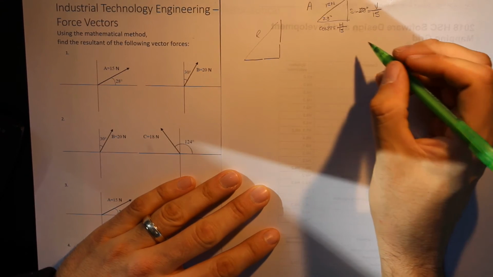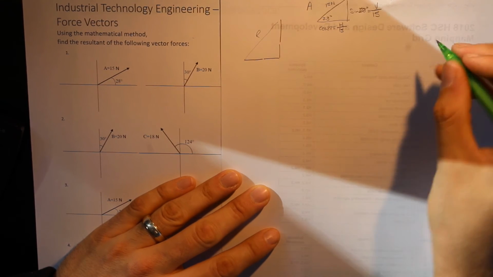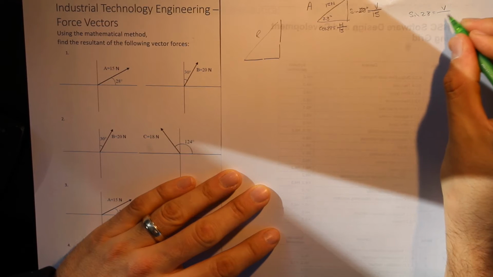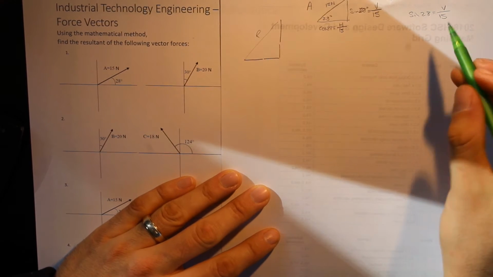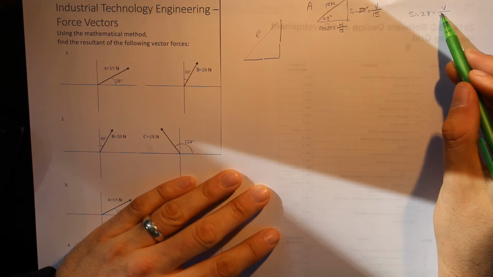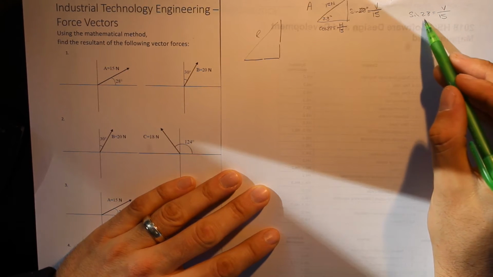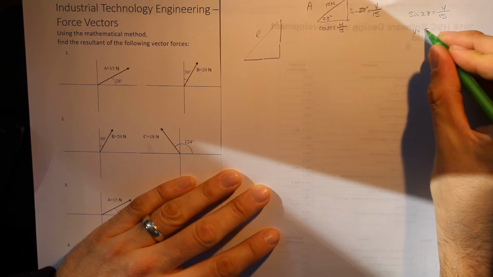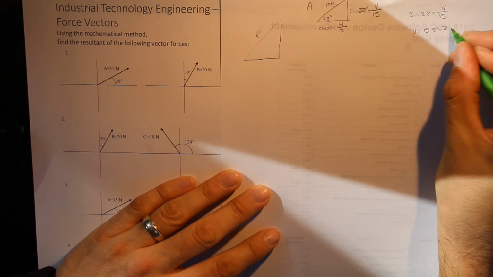Now, if I've got sine 28 equals the vertical over 15, I can apply my linear algebra to make the vertical component the subject by multiplying both sides by 15, and that gives me the vertical is equal to 15 sine 28.